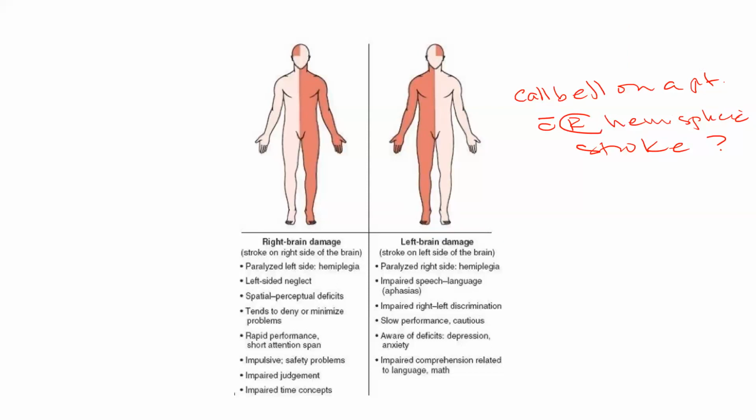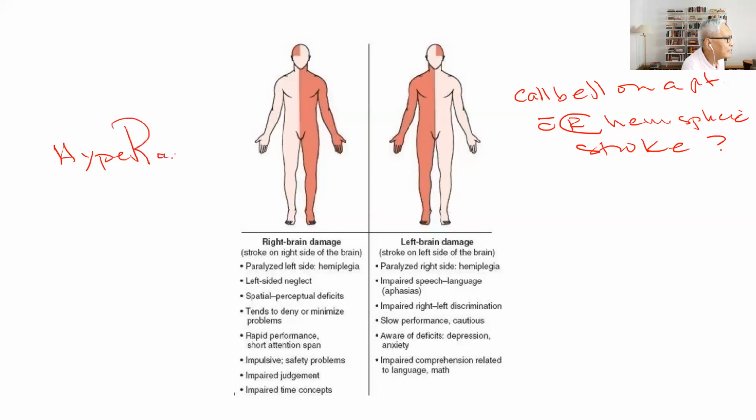Who is talkative, right or left? Which stroke can talk? Right. Okay, very good. So always remember hyperactive, what I told you. You cannot be hyperactive if you cannot talk.